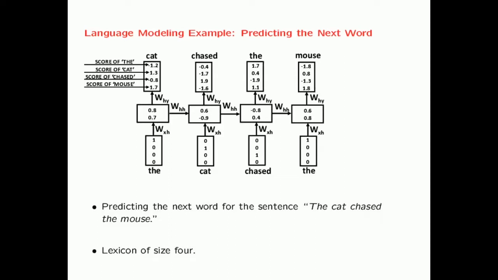Then the hidden layer produces some hidden states. We might not necessarily have any interpretation for the hidden states. Here we are just using 2 hidden states.